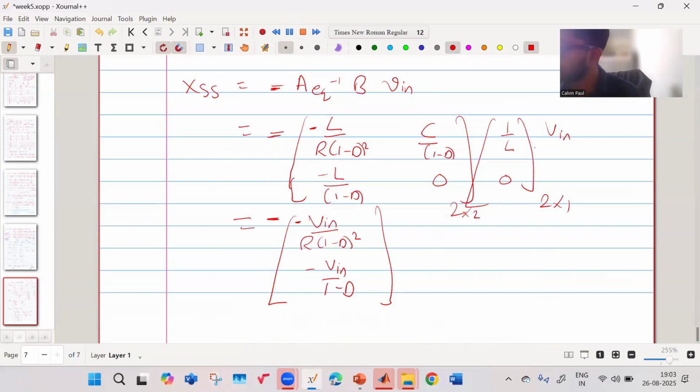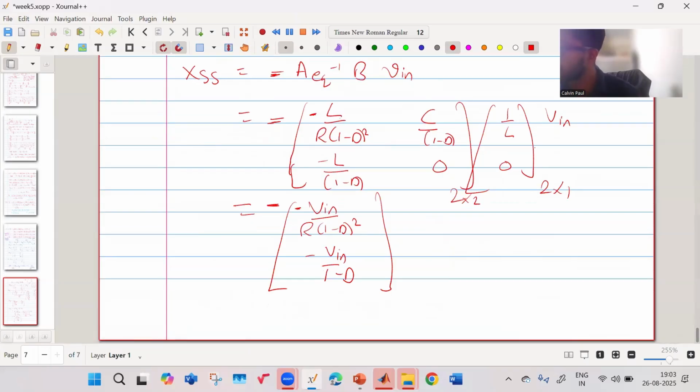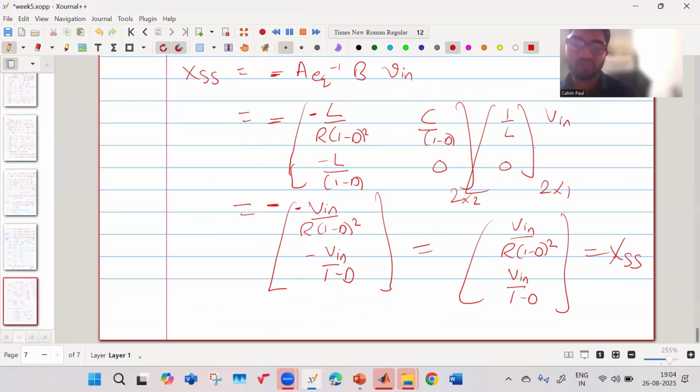So that is actually equal to Vin upon R 1 minus D square and Vin upon 1 minus D. So this is your X steady state. Any queries in this? No, okay, sir.